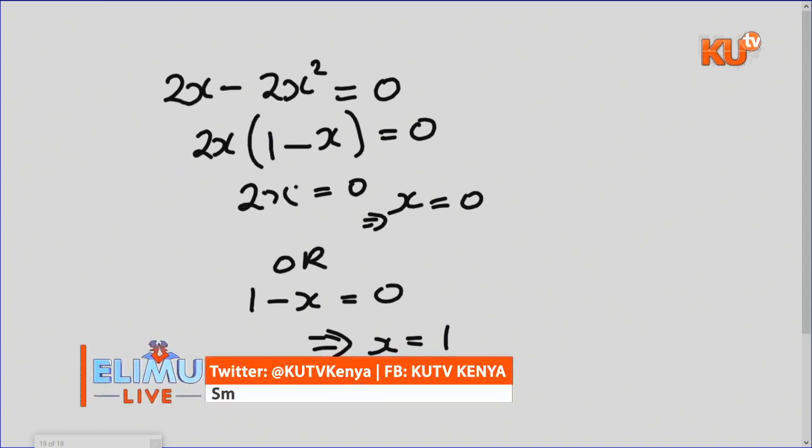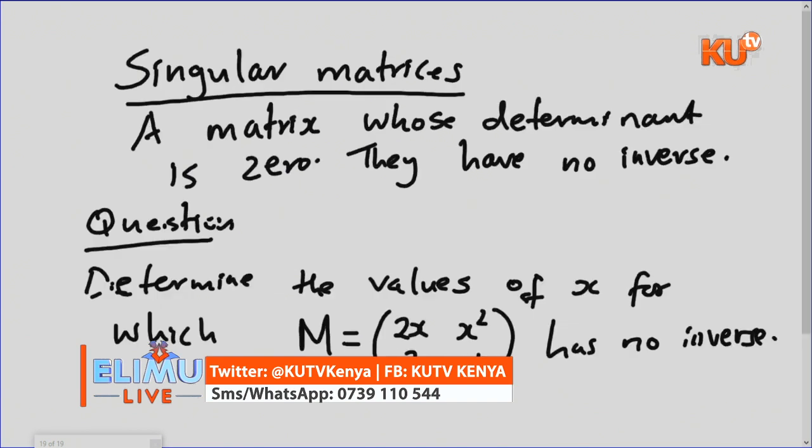Because if you take 1 to the right hand side, it becomes negative. We divide by negative, then get positive 1. So the values of x are 0 and 1.